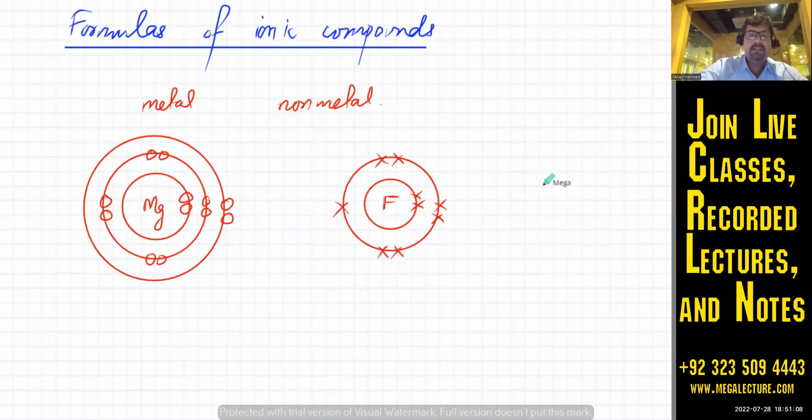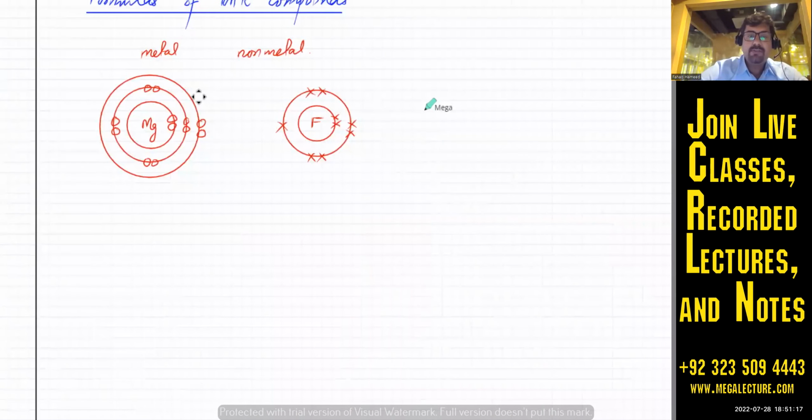What will happen is that Mg over here wants to lose 2 electrons. You can have a look: it wants a complete outer shell, so its outer 2 electrons, these ones over here, would be lost. But fluorine only has room for 1 electron. It can only accept 1 electron.